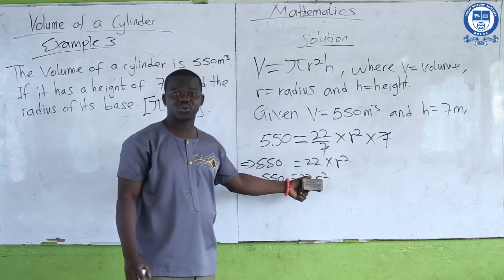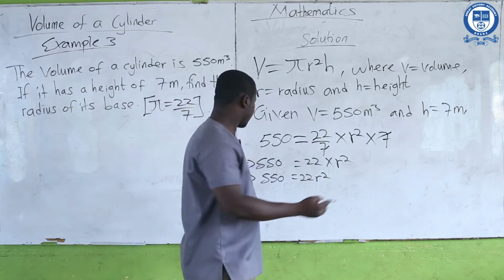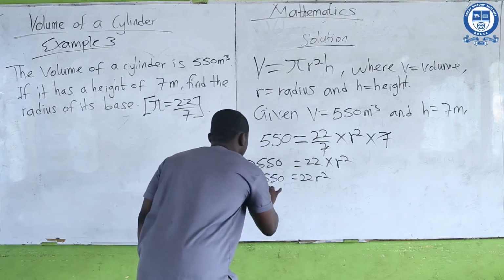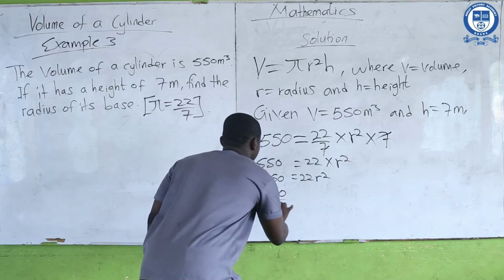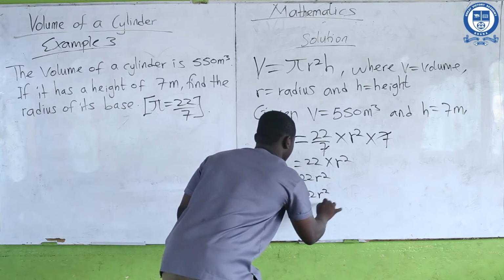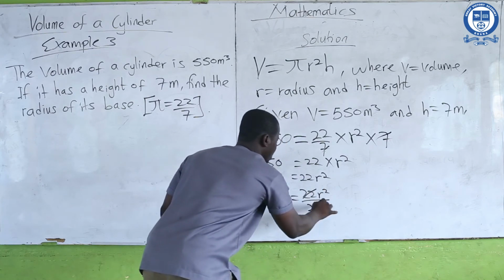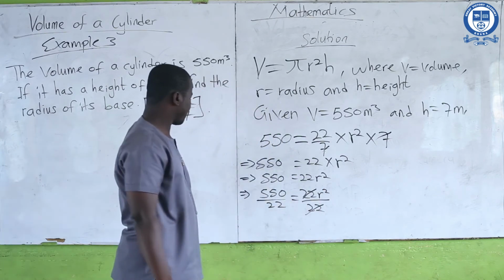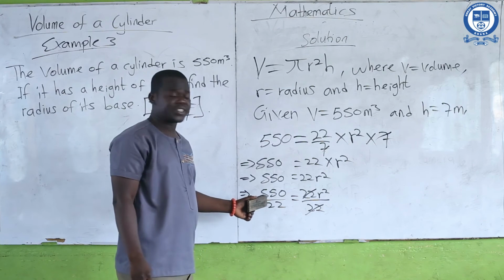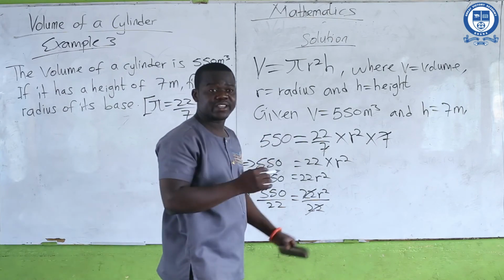That will be the first step to do, eliminating the coefficient of r squared. Divide 22 and we have 1. And when you divide 550 by 22, you should come up with the number 25.